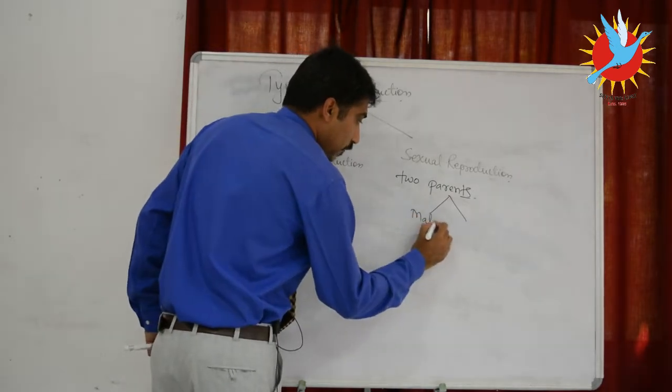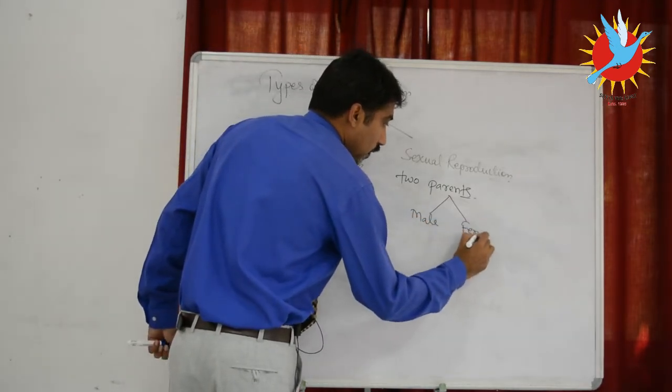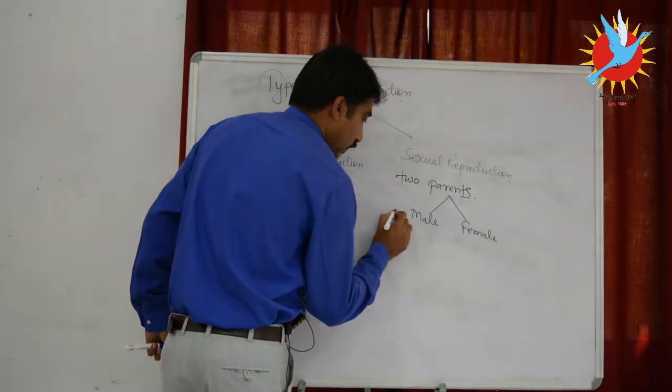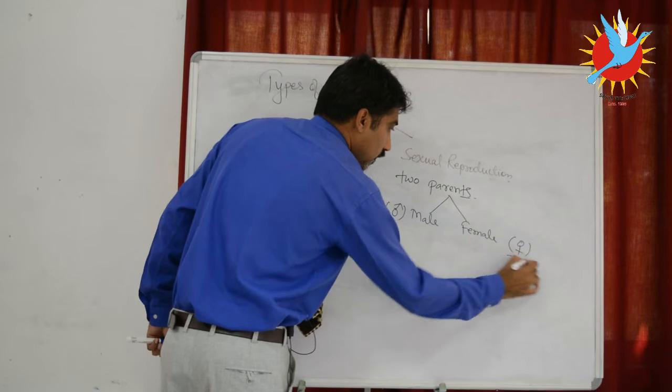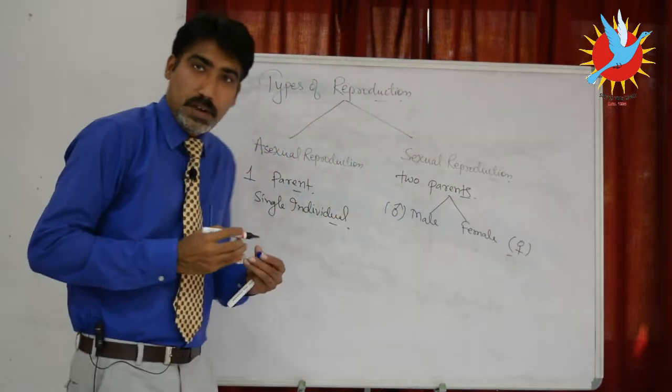One should be male and another is female. So these are the symbolic representation of different genders.